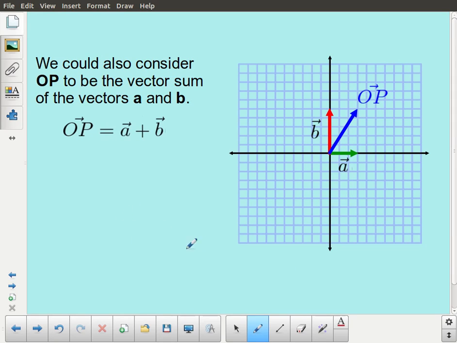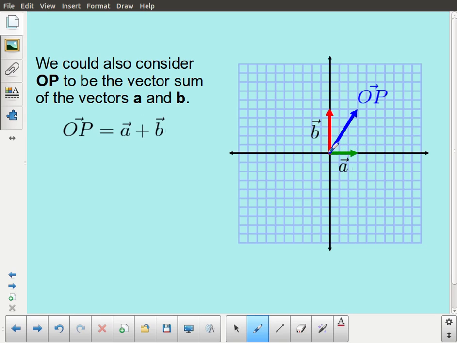Another way that we could think about this is going back to that idea of counting out. As I said before, how did I find my original point? I counted 3 to the right and then 5 up. We can do that in a similar way using vector notation. Instead of just counting 3 to the right in terms of coordinates, I imagine a vector which would move me 3 steps to the right. That's this green arrow.